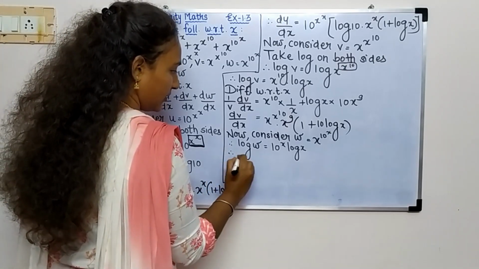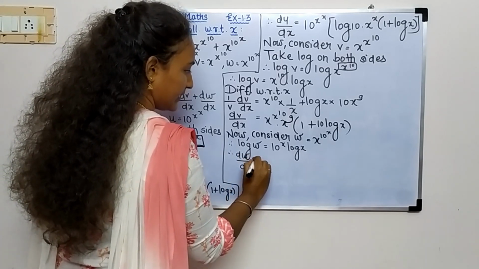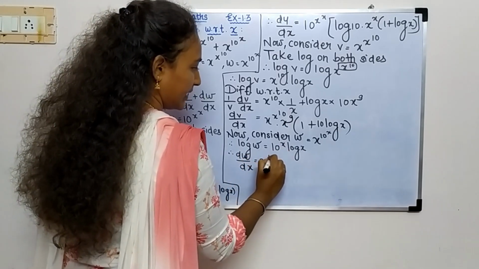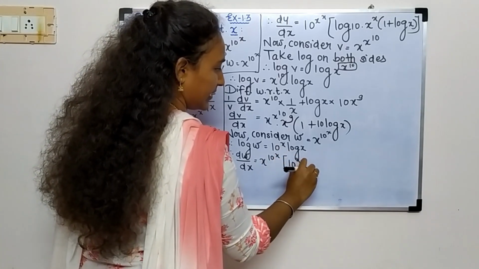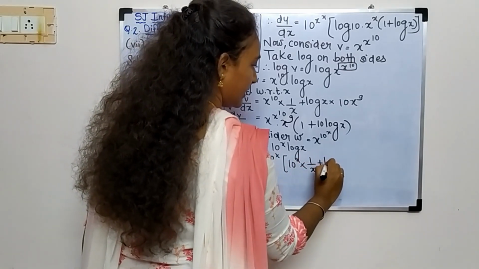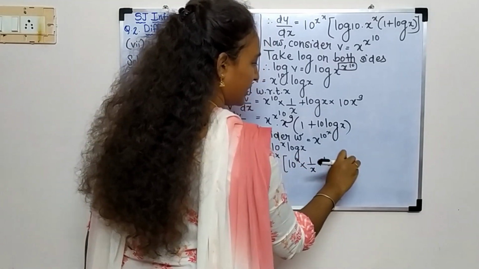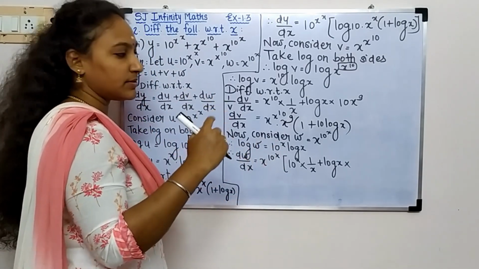Once you differentiate, you get dw by dx is equal to x raised to 10 raised to x into 10 raised to x into the derivative of log x, which is 1 upon x, plus log x multiplied with the derivative of 10 power x, which is 10 power x log 10.